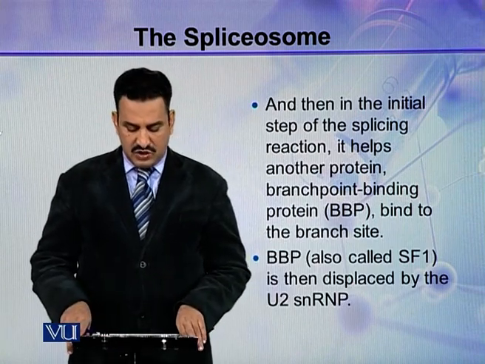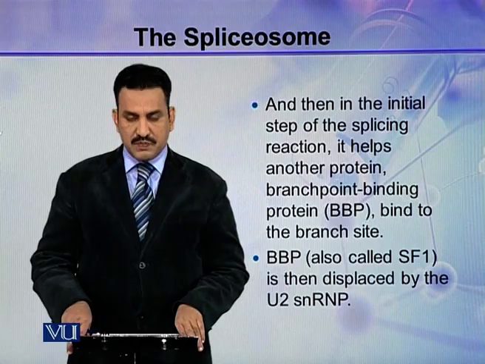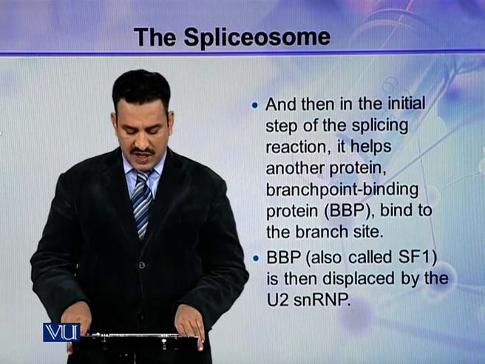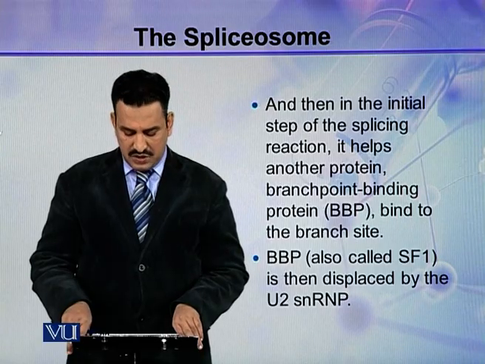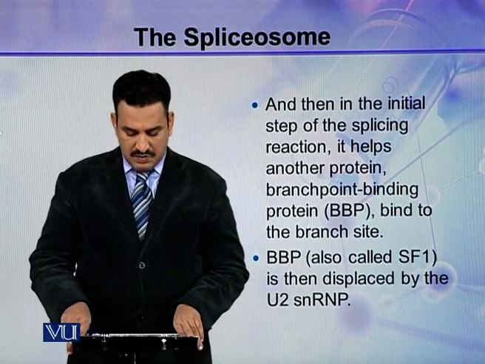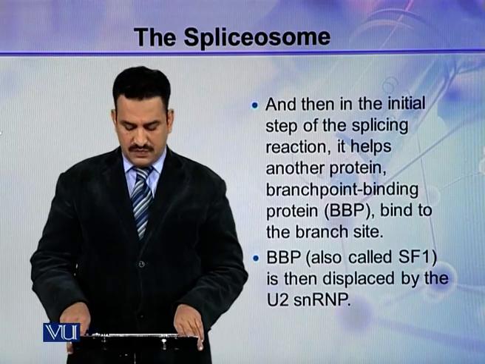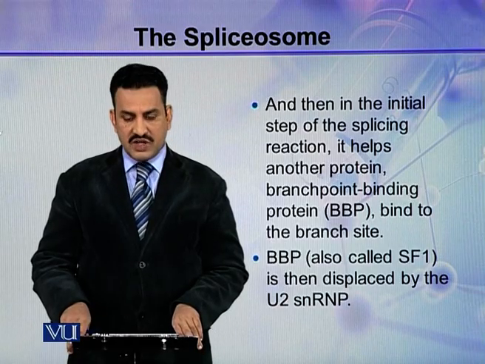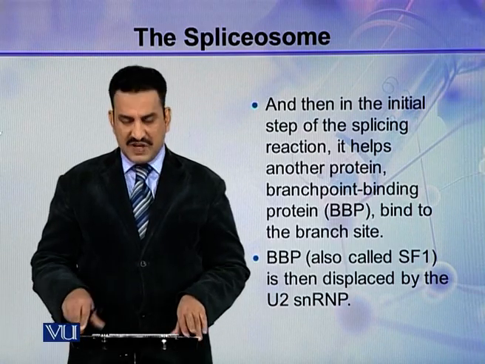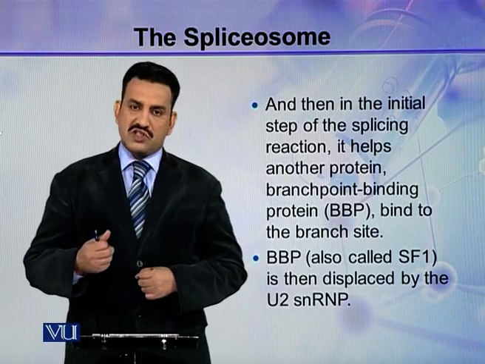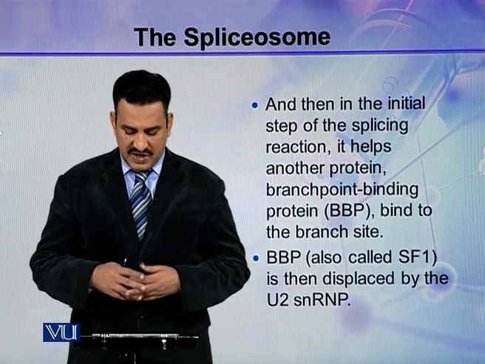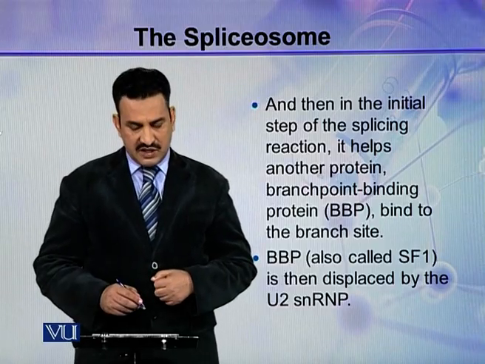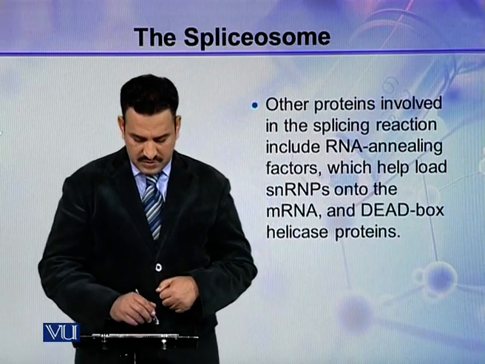And then in the initial step of the splicing reaction, it helps another protein, branch point binding protein, BBP, bind to the branch site. BBP, also known as SF1, is then displaced by U2 SNRP. So these are the different roles played by these snRNAs and SNRPs.